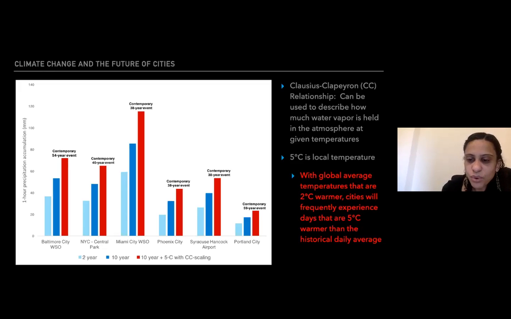So that's important to consider when we think about our infrastructure and we think about our vulnerabilities to climate change. Our infrastructure can't handle these currently occurring cloudburst events, and we know that as the planet warms, they're going to occur more frequently.